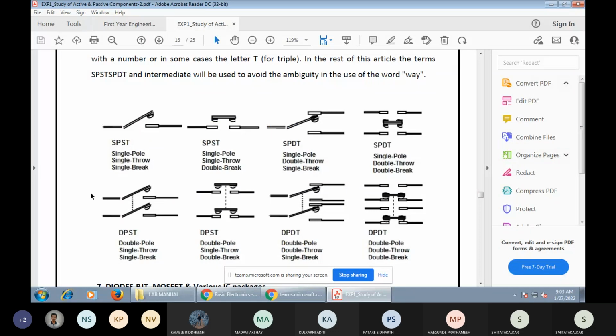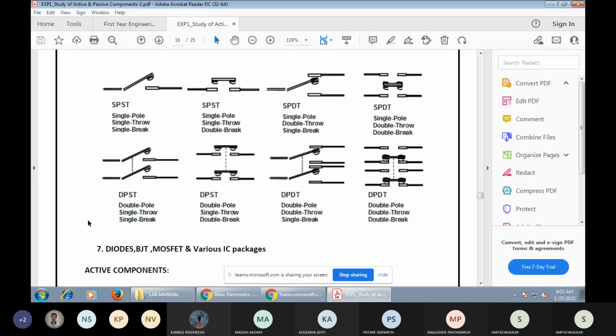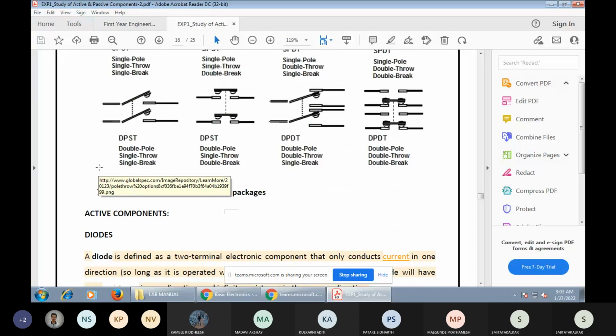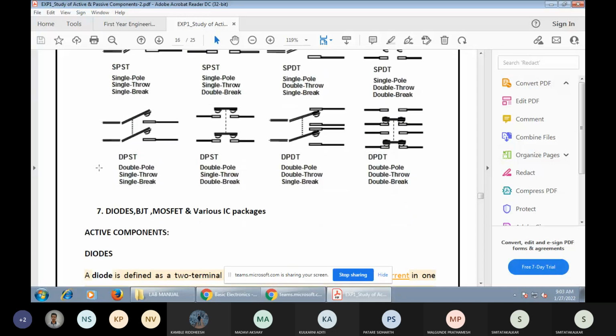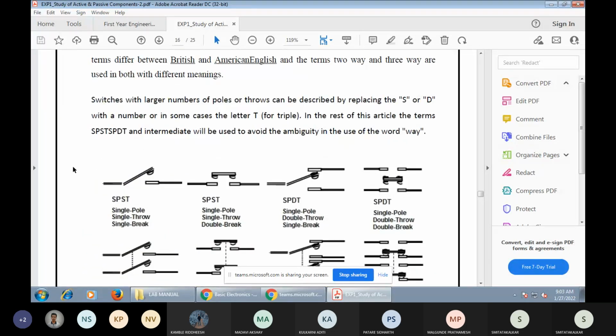Then DPDT, double pole, double throw. If the upper side throw is single way, touch, not touch, touch, not touch, it is the toggle type of switch, relays with double pole, double throw.